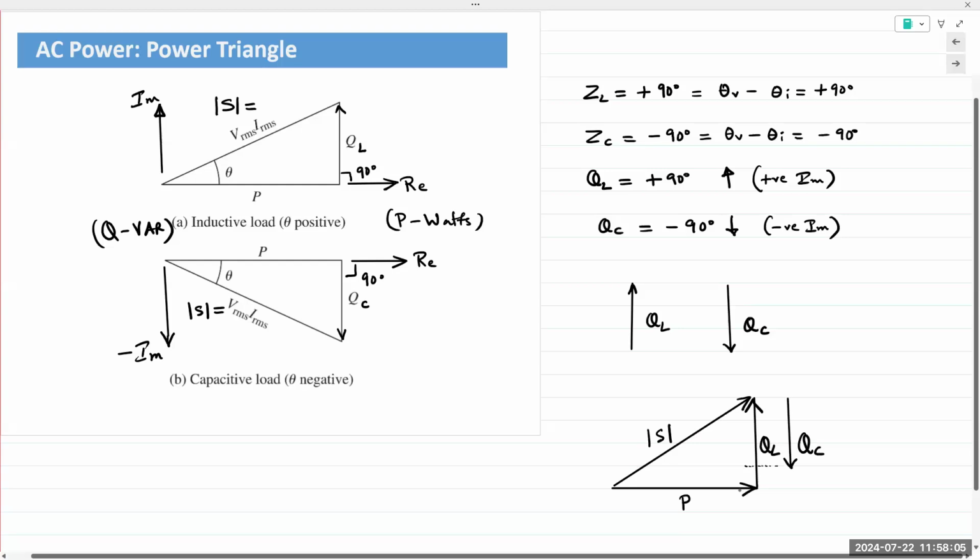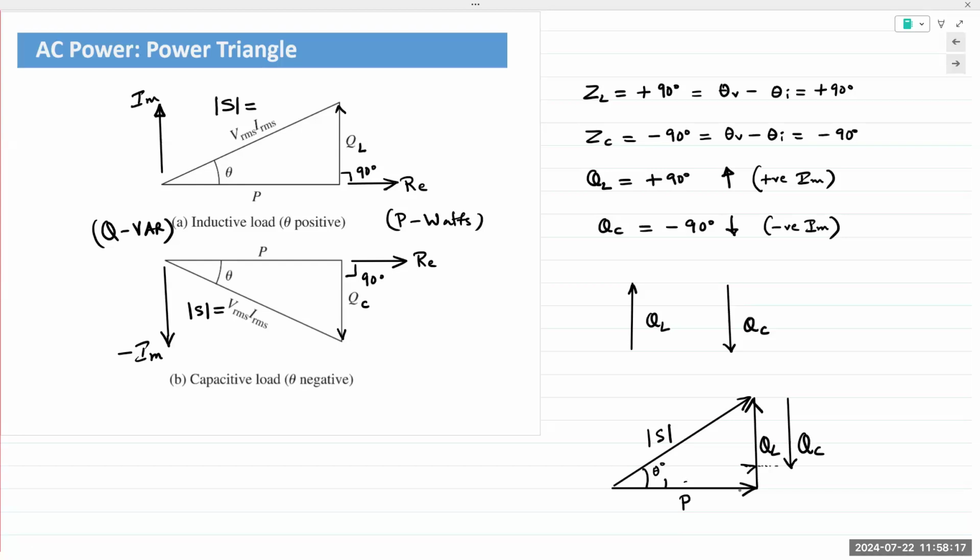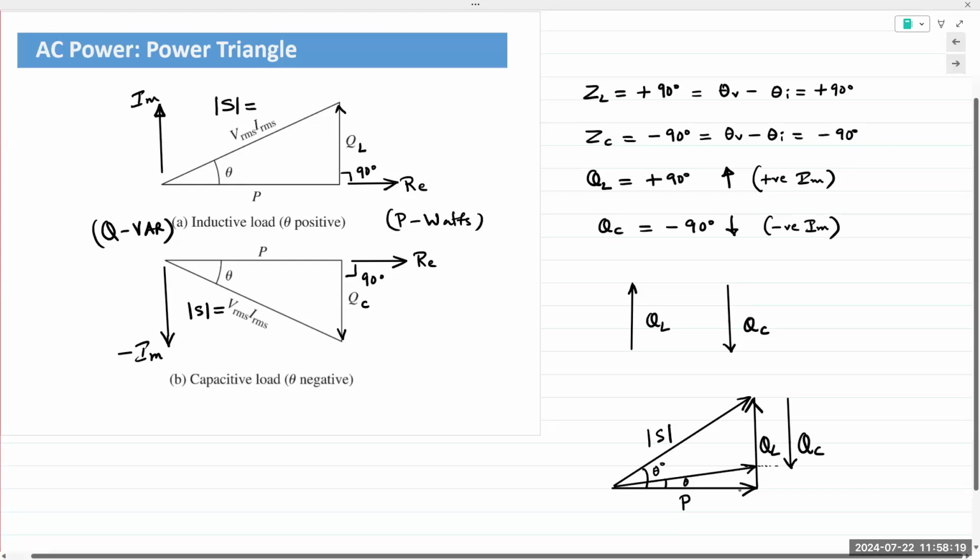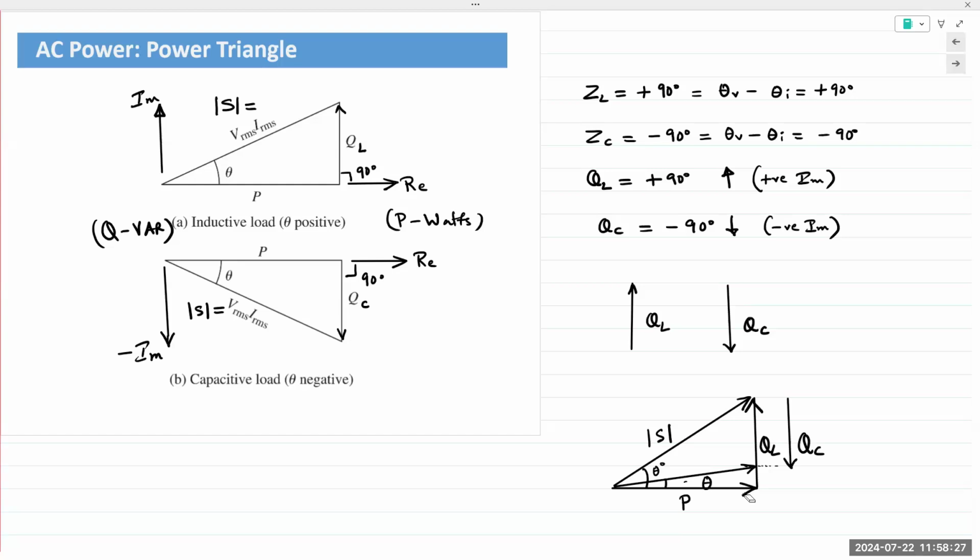So your actual power requirement has now dropped. Your angle is now reduced. Does that make sense? Does that diagram make sense?